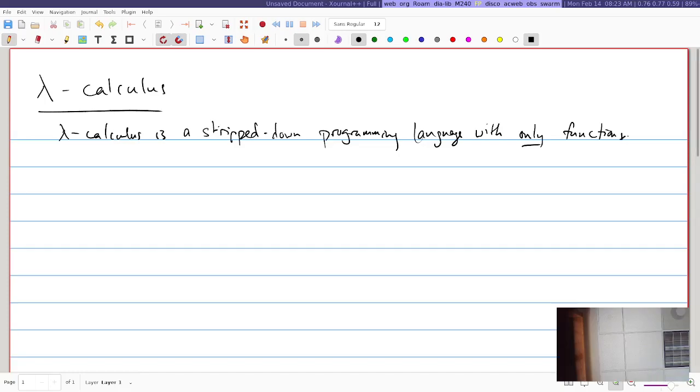Okay? Forget about having ints. Forget about having algebraic data types. Forget about having if statements, booleans, nothing. All you have is functions. And it's like, can you actually do anything with that? Turns out you can.